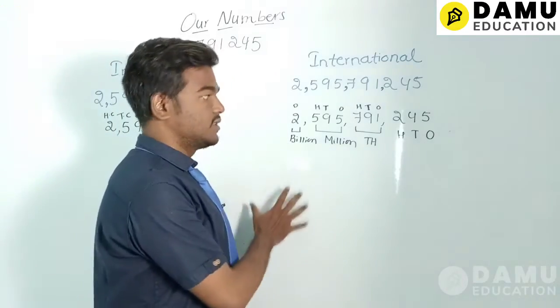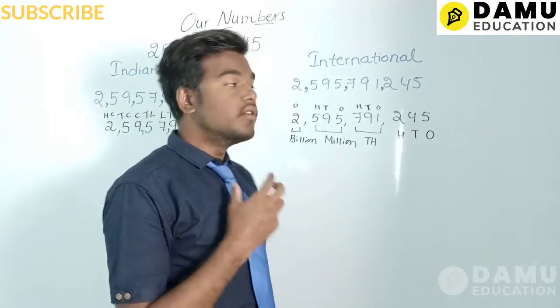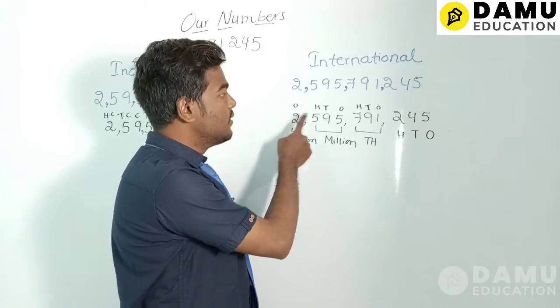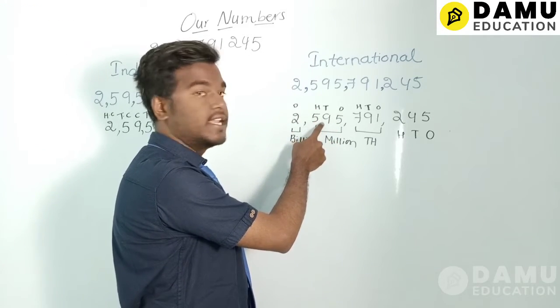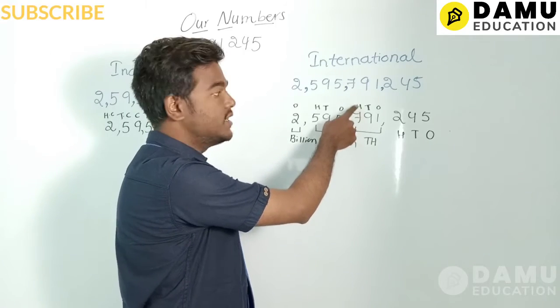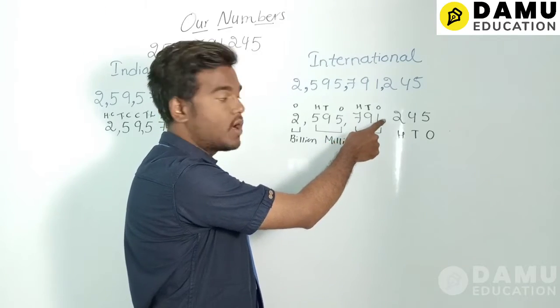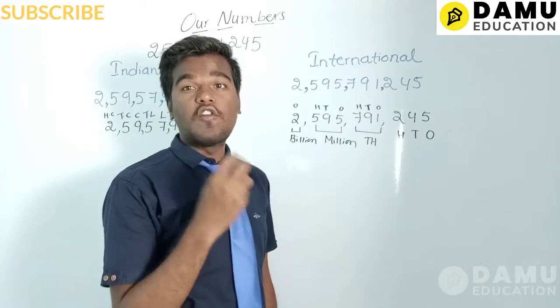Here in the international system, the same number, how will we explain? In the international system, we will say 2 billions 595 millions 791,245. So this is somewhat different.